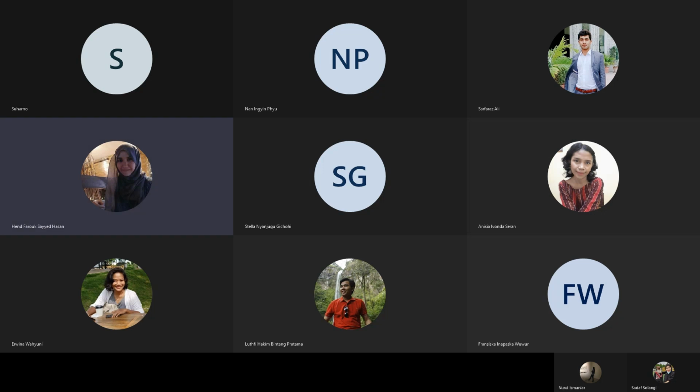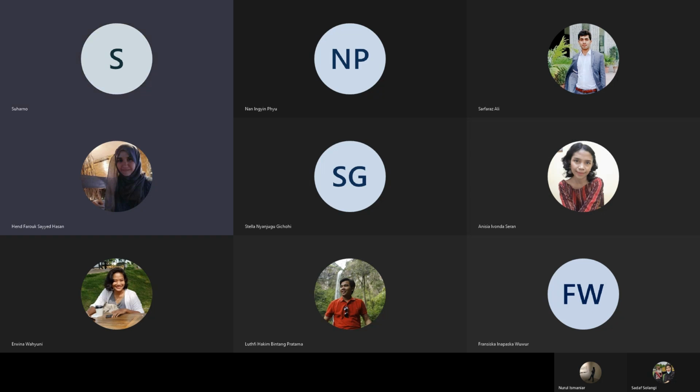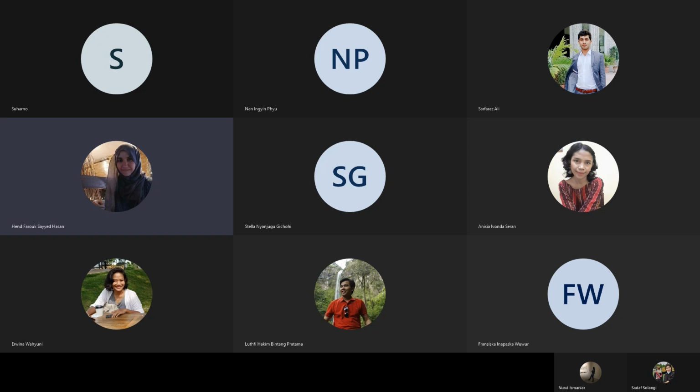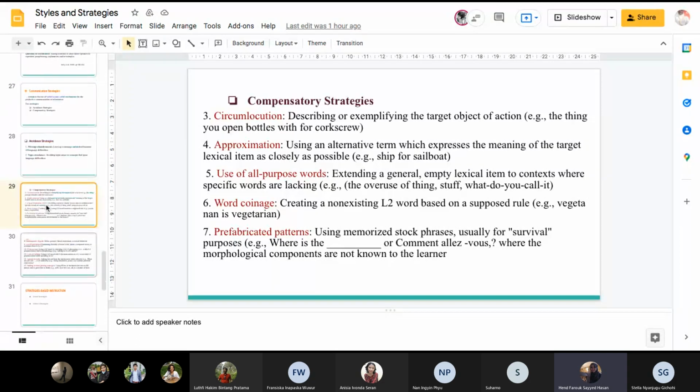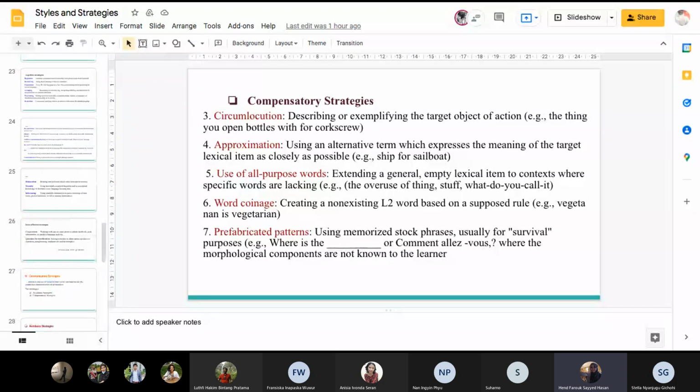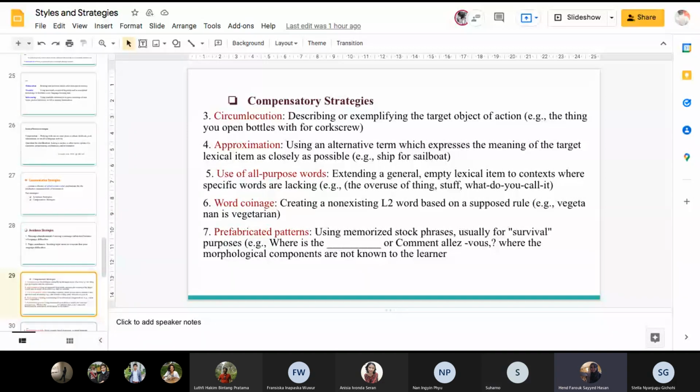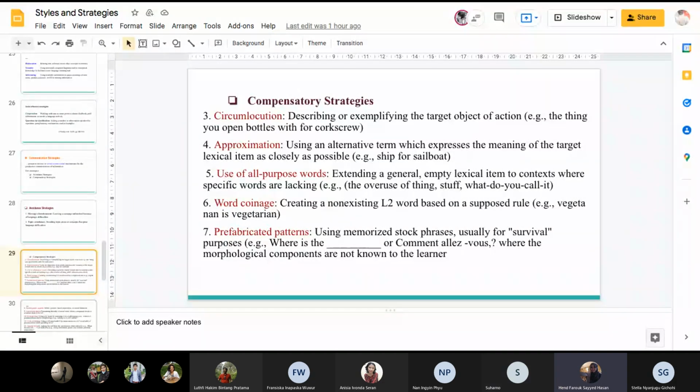About the strategies and the compensatory ones, I do that a lot. For example, I try to use simple words and simple sentences to not get stuck, like subject, verb. Even when I had my Turkish speaking examination, I just used simple words.